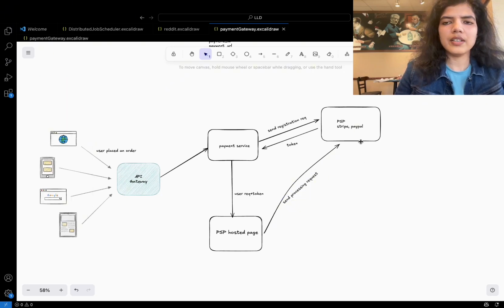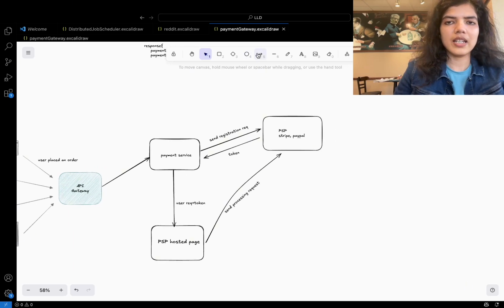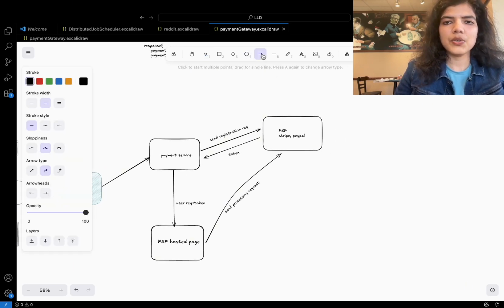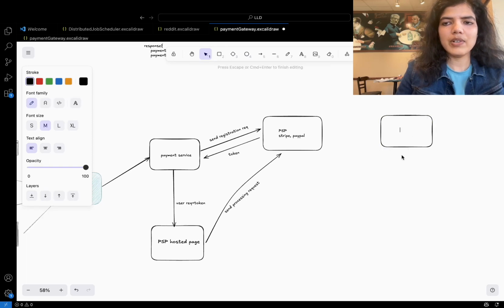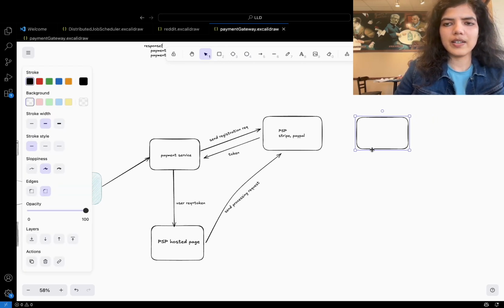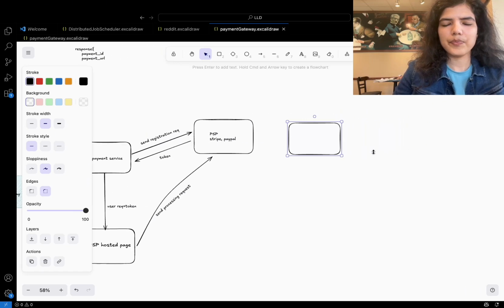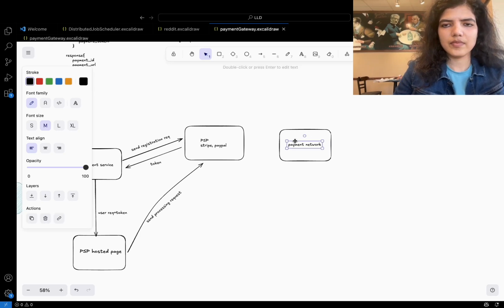Once the PSP receives the request, it sends the details to the payment network. So we will have a payments network. In our case, the payment network can be MasterCard or Visa.